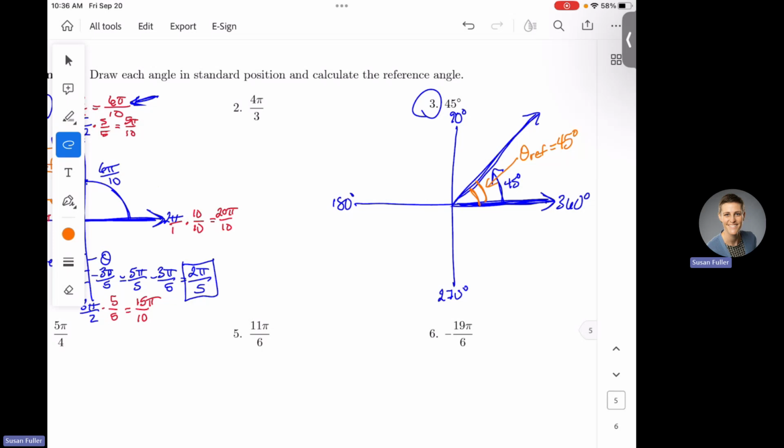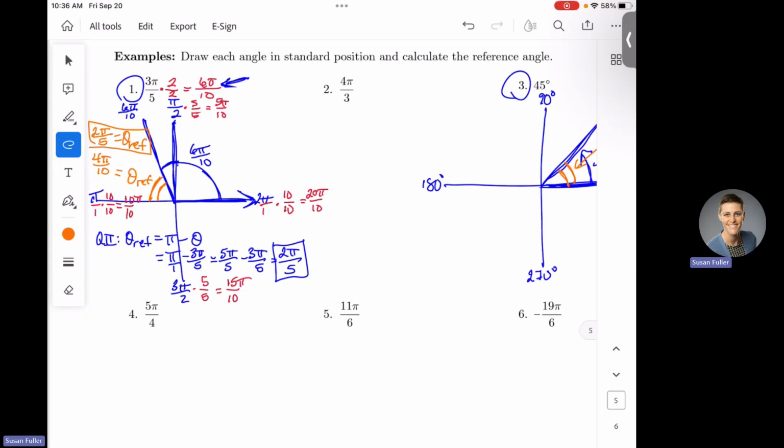So here my reference angle is 45 degrees. It's the same as my original angle. That's always going to happen when your terminal side lands in quadrant 1, if you are a positively rotating angle between 0 and 360 degrees. They'll be the same. Okay, cool. Well, that wasn't so bad.